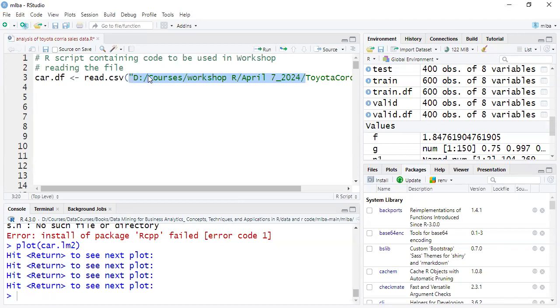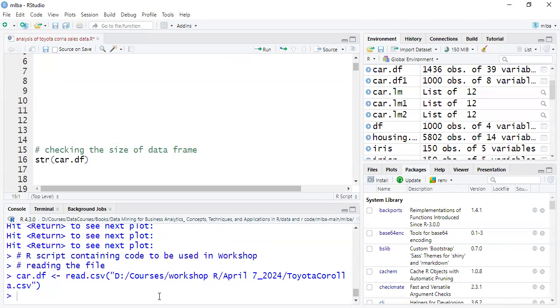I'm just executing the command on the R console. When I click the run button, the commands will be copied here in our console and executed, because every command will be executed here. Just run.